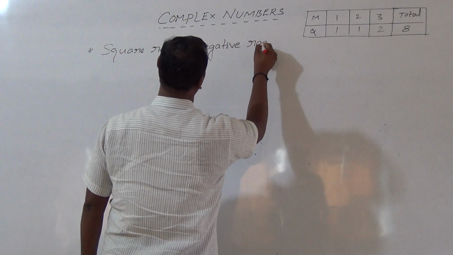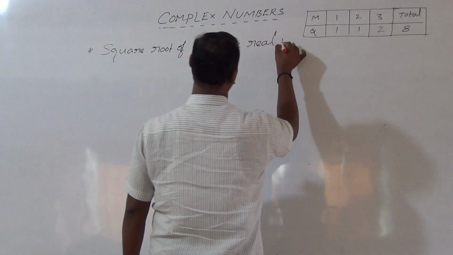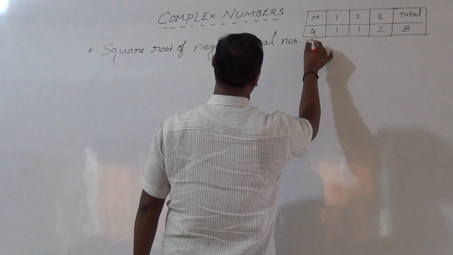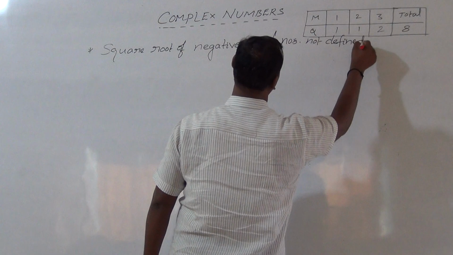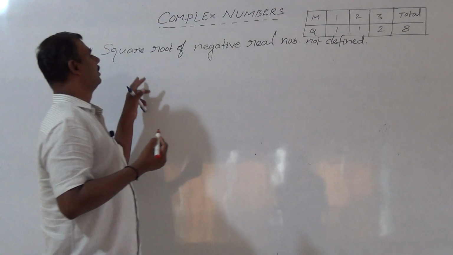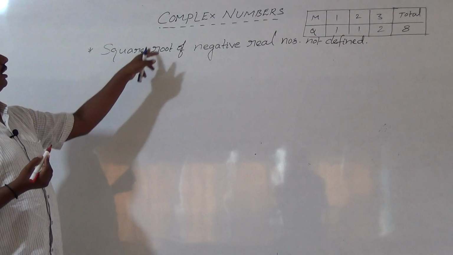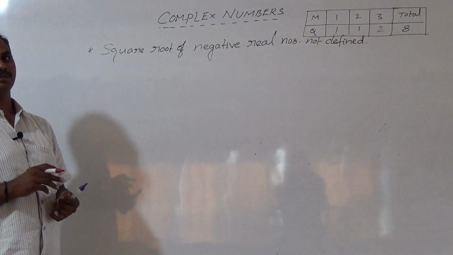The square root of negative real numbers is not defined. So in such a case we have to use complex numbers.